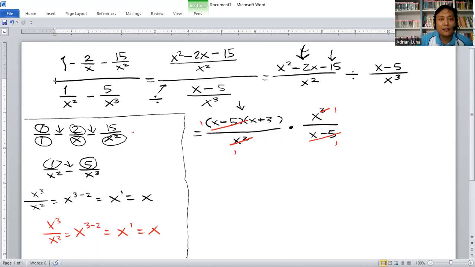Ang natira is si x at si x plus 3, and yung denominator is 1. Simply, ito na yung sagot. Voila.